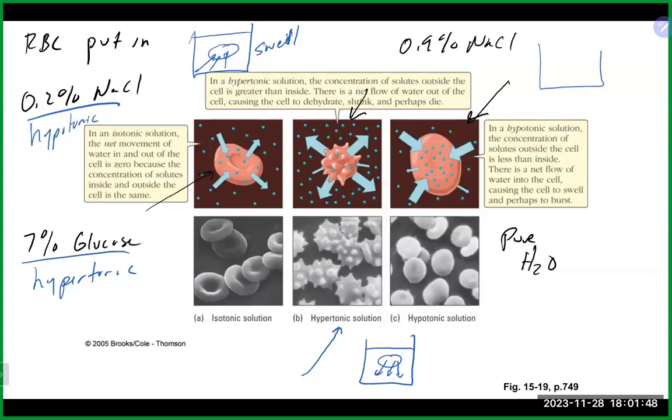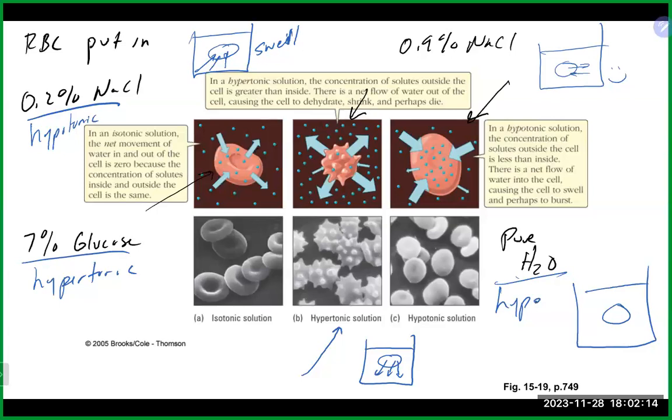0.9% is isotonic, which means we've got equal pressure on each side. Everybody's going to be okay, and nothing bad is going to happen. So we'll just have equal flow in and out of the cell in this case. And lastly, pure water. Pure water is what type of solution? Pure water is hypotonic, as it has no osmotic pressure, right?